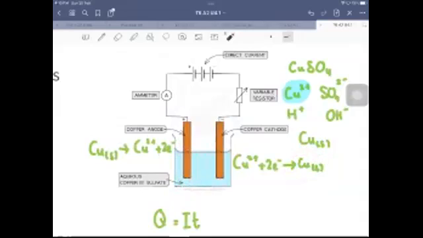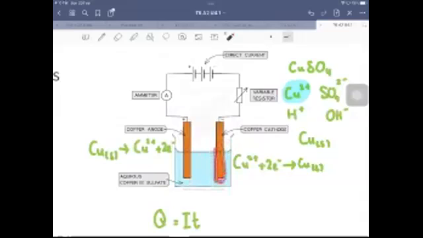But here it says that we will take the anode because it's easier and more accurate to measure the decrease in mass. The problem with the increase in mass is that sometimes the copper layer doesn't stick well, especially when you take it out.